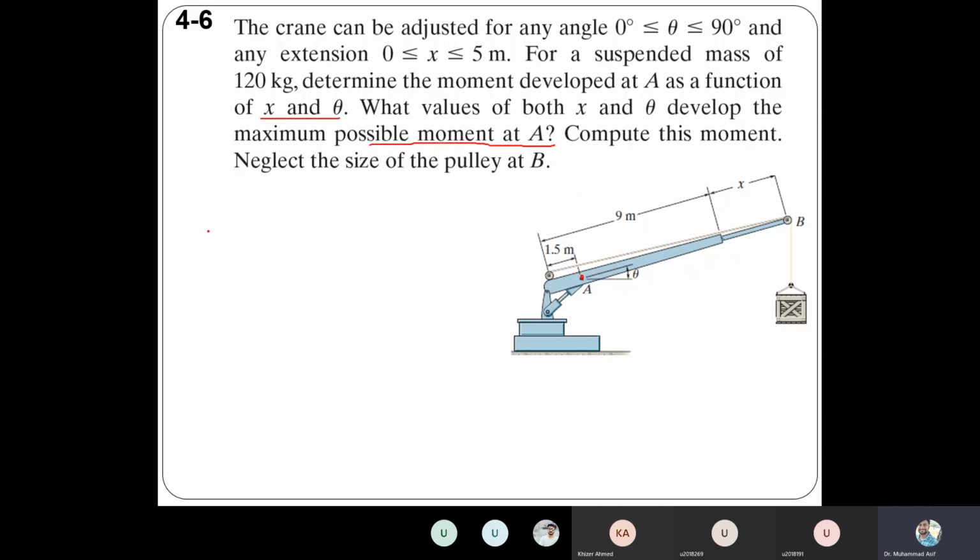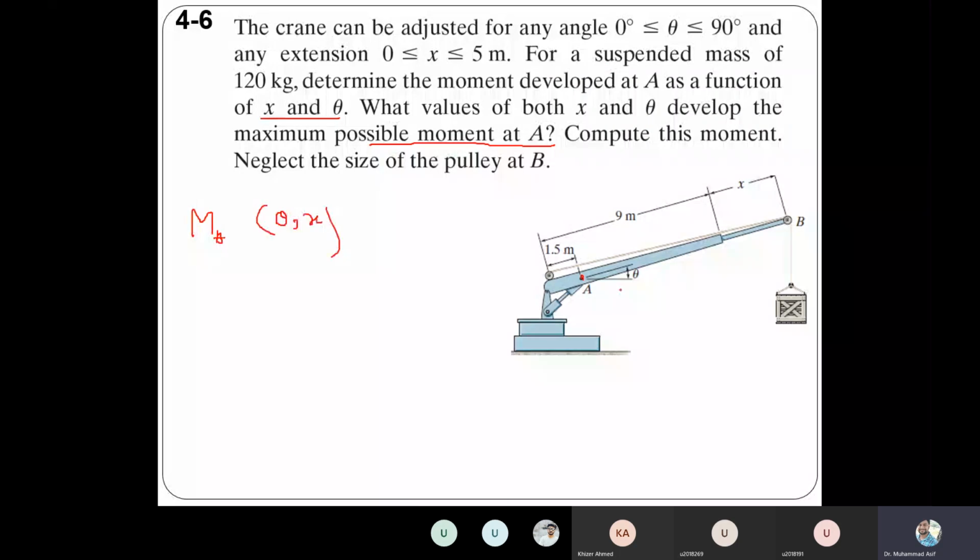So first of all, you need a moment about A as a function of theta and as a function of x. Here is the weight, acting downward.